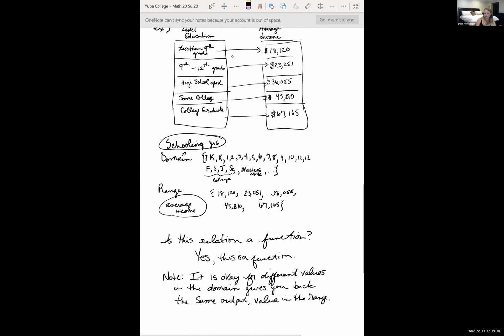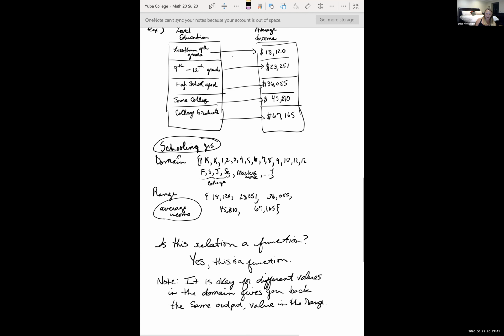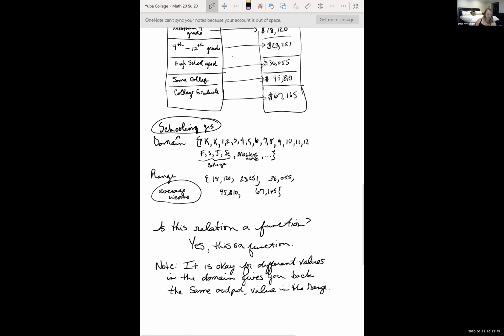So there's multiple inputs in our level of education that would give us the same average income. But every input we chose only spit out one output that was available. So it's a function.